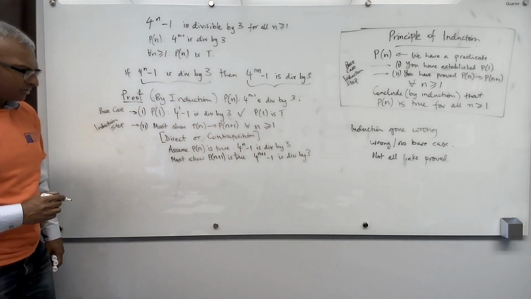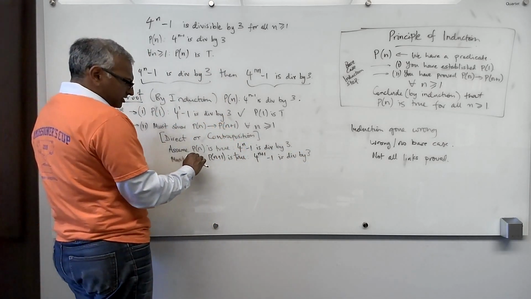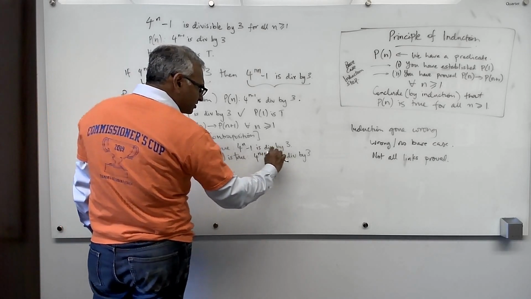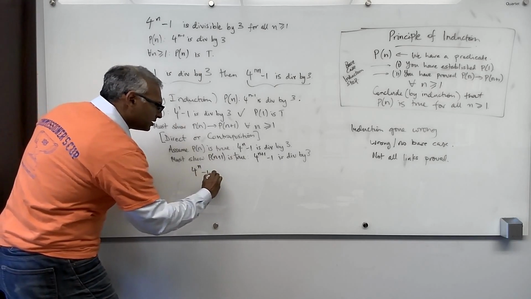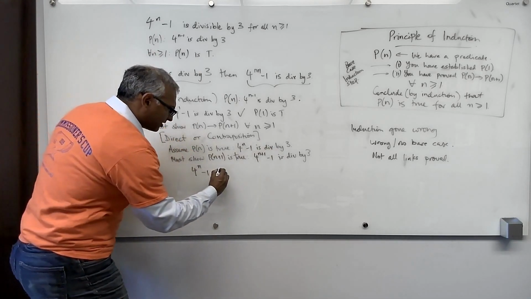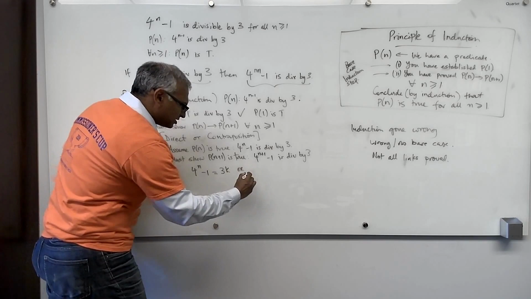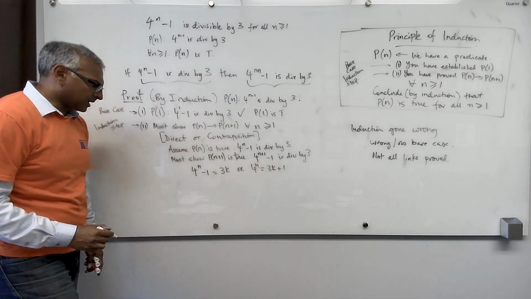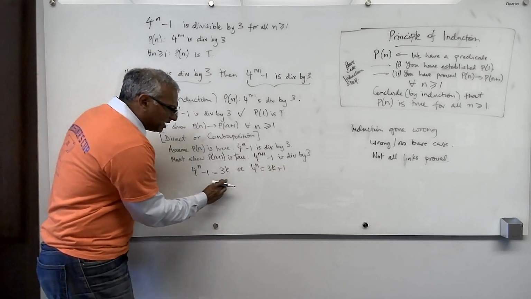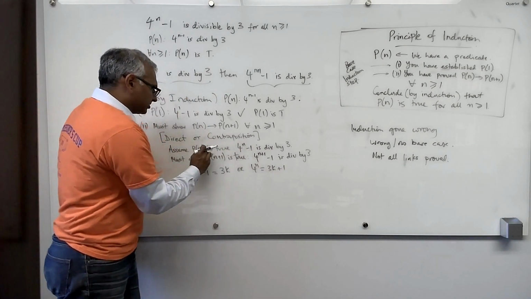Interesting. Okay. So we start with the left-hand side being true. We get to assume this. What does that mean? That means that 4 raised to the power n minus 1 is a multiple of 3, if it's divisible by 3. So it's 3k. Or this means that 4 to the n is equal to 3k plus 1. Okay. Now, that's the beginning of the proof of this implication.